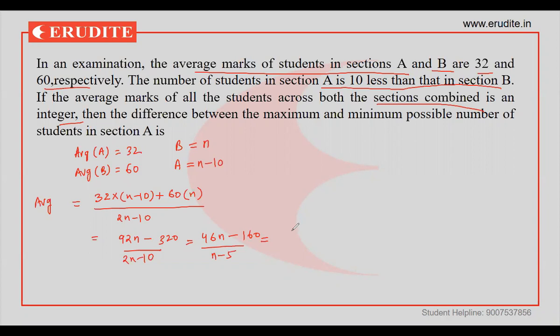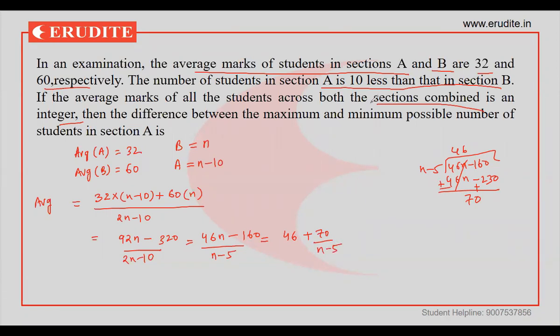Once I divide it, guys, I will get 46 plus, the numerator I'm going to divide by n minus 5. So 46 multiplied by 5 is 230, this cancels, this cancels, this will be 70. So it will be 70 upon n minus 5.